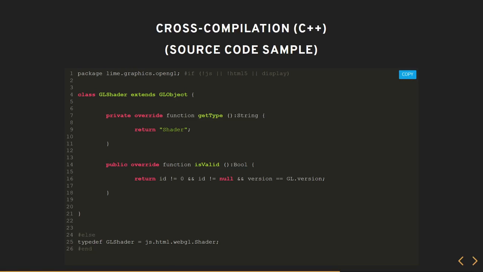So here you can see the conditional compilation. Here's the check if it's not JavaScript, not HTML5, and if it's not display. Display is a special one. That one is for auto completion.